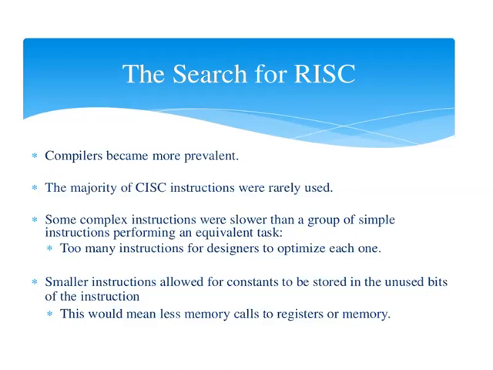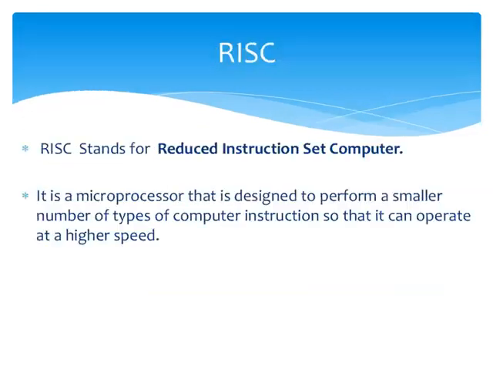This would mean fewer memory calls to registers or memory. With smaller instructions, extra space is available, so some constants can be stored. That's why, in place of CISC, the search for RISC was done, to implement the RISC architecture.